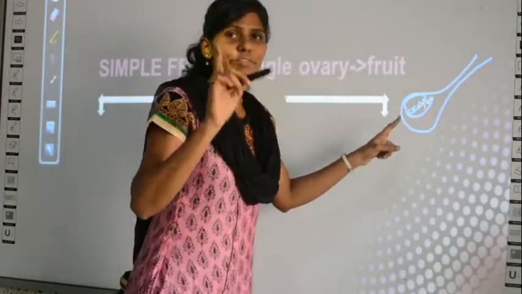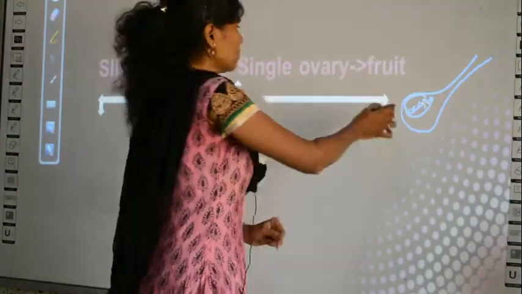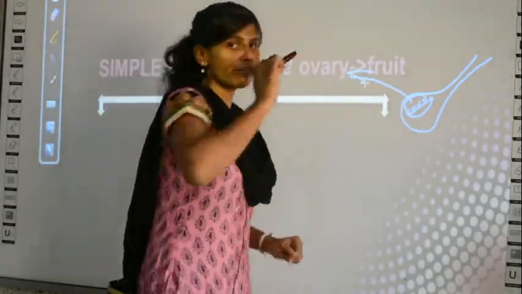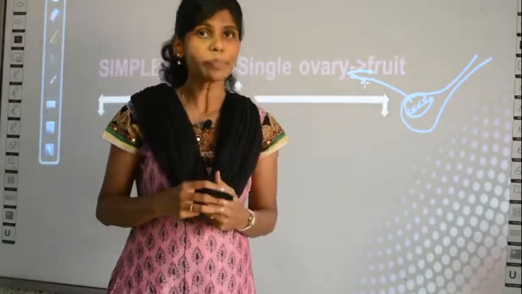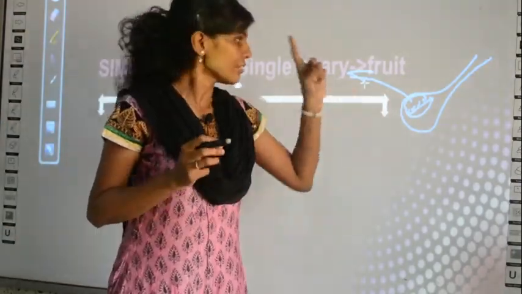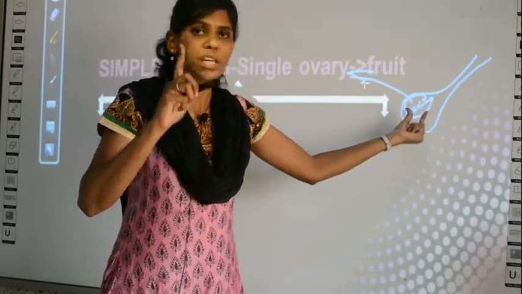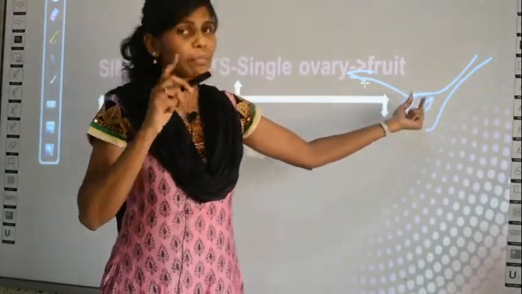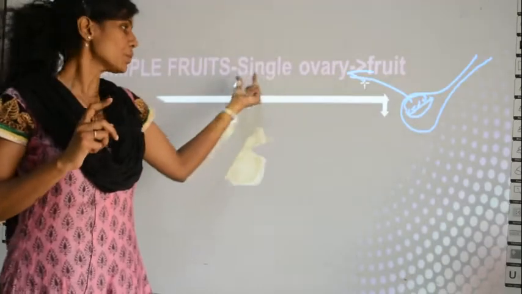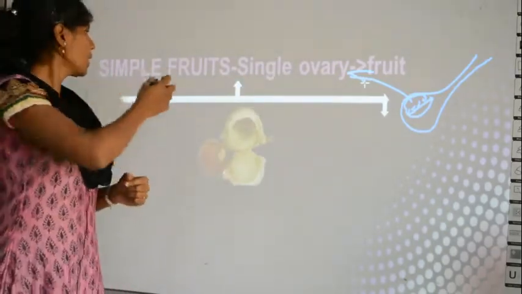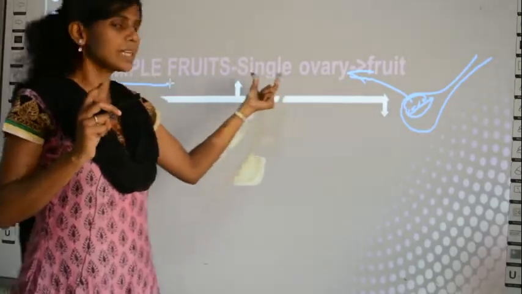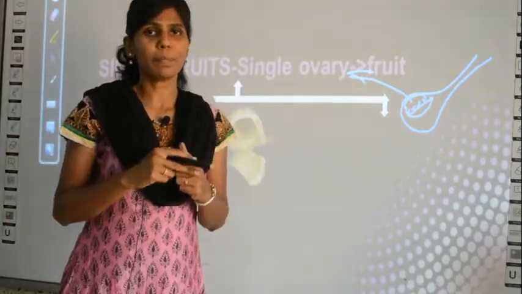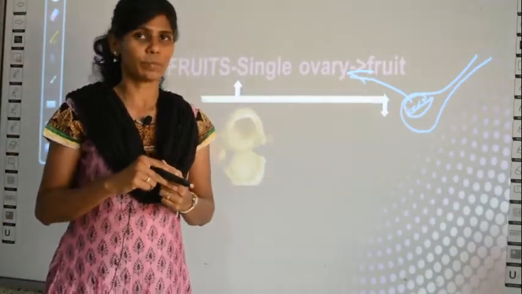So, if one flower has only one ovary, then that type of fruit develops. Already we have studied that fruits develop only from the ovary, right? So, if there is one flower with one ovary, and from that ovary a fruit develops, that is called a simple fruit. So, a simple fruit is one in which a single ovary develops into a single fruit. Okay.